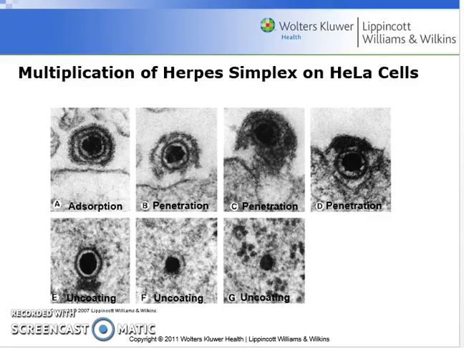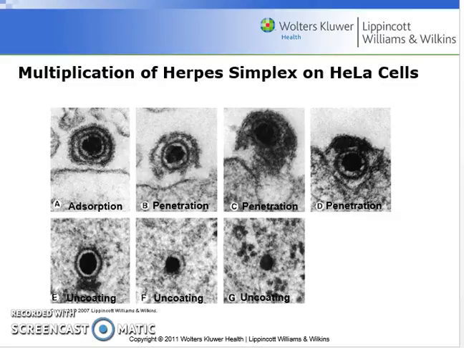And here's another outline of the herpes virus. This is a herpes simplex virus that's growing on a cell line called HeLa cells.